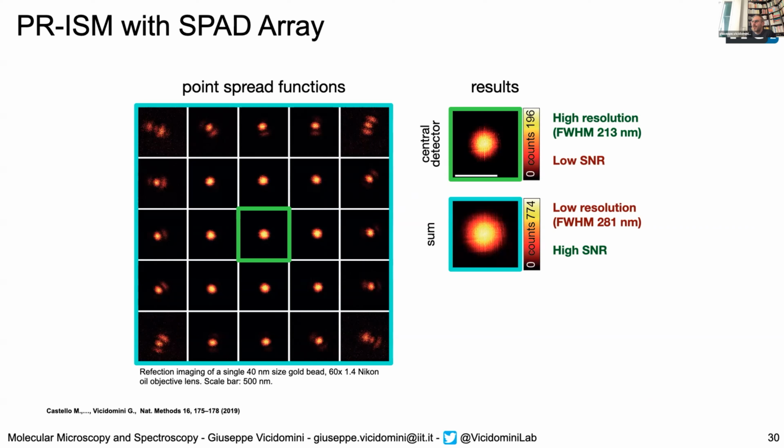If we sum up all the 25 images that we collect, we end up with a bigger point-spread function, so the resolution becomes worse. It's like we open the pinhole, but we collect many more photons. In this case, it's roughly 800 photons.